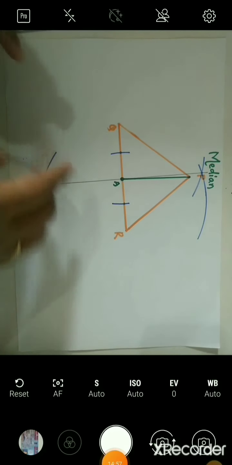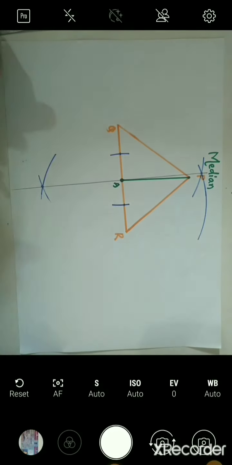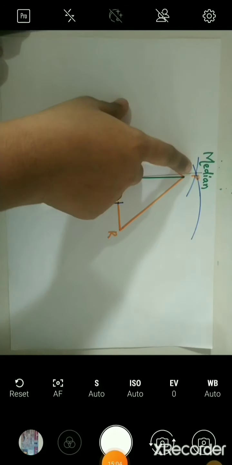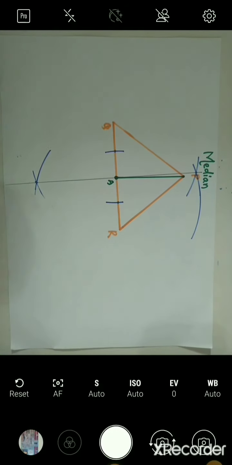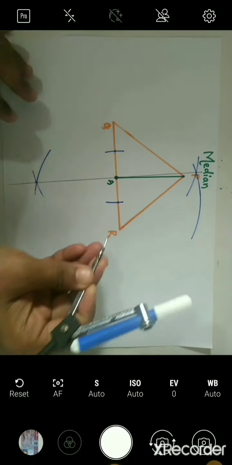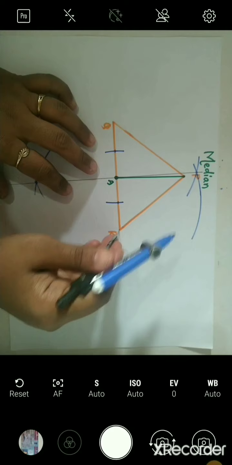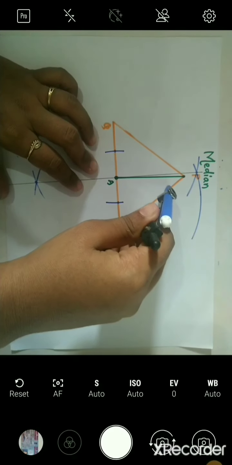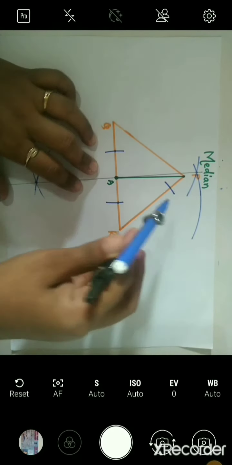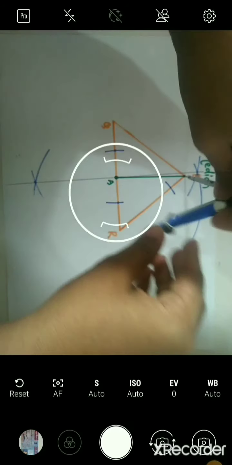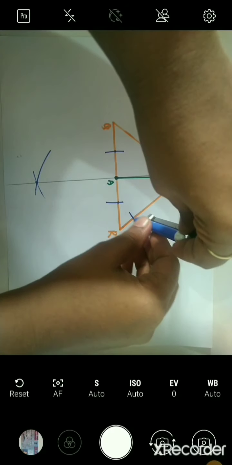Now I will draw the median of side PR. So now I will find the midpoint of PR. And to find the midpoint, first I'll keep the pointer of the compass on R. I'll take the distance more than half of the segment and draw an arc here. Now without disturbing this distance, I'll keep the pointer on P and draw another arc here.